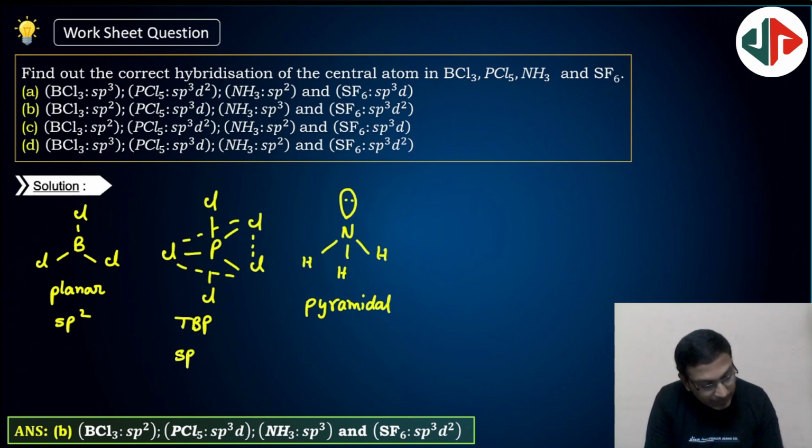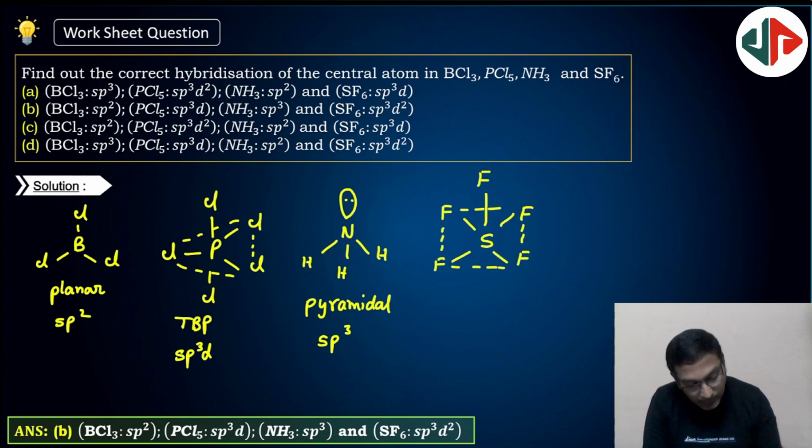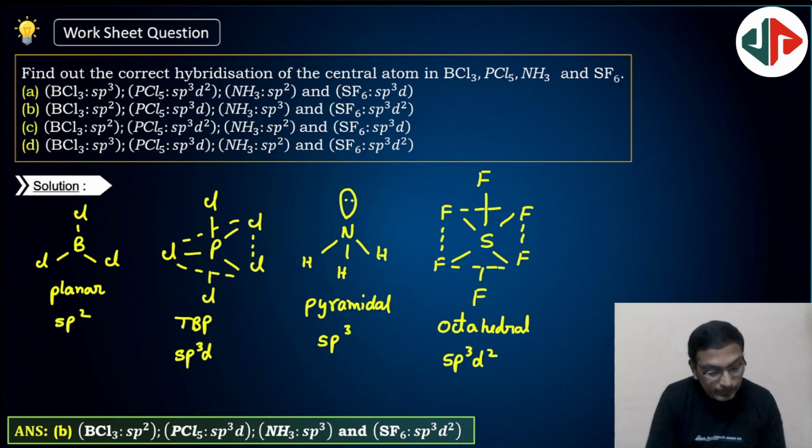Here sp3d, here sp3, and SF6 will be like this, octahedral, sp3d2. So sp2 BCl3, sp3d PCl5, sp3 NH3, sp3d2 SF6.